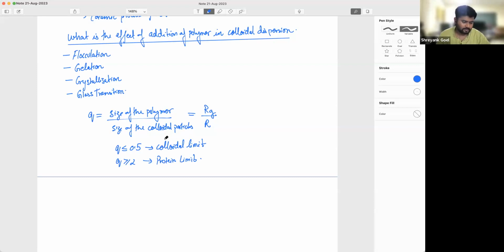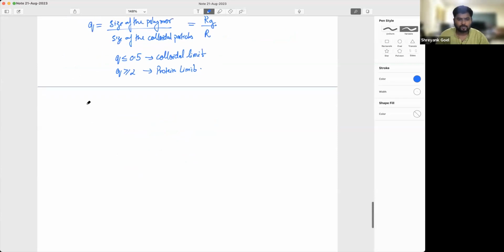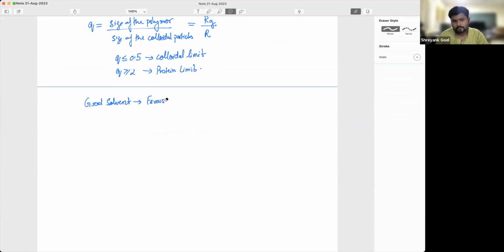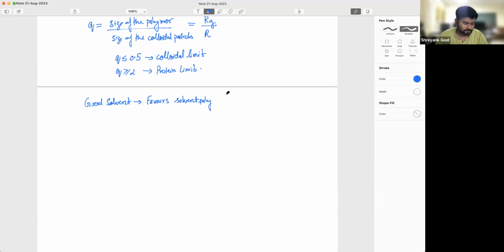And we have already also seen what are good and bad solvents. Good solvents are those which favor solvent-polymer interaction. Due to this, there is an expansion of polymer coils.